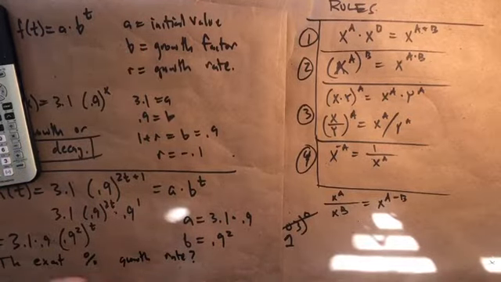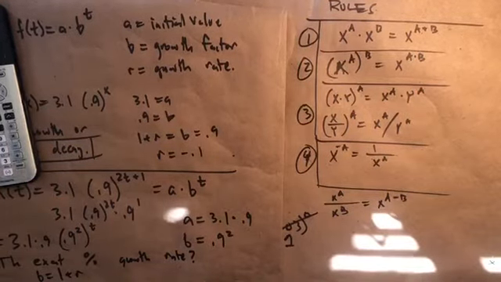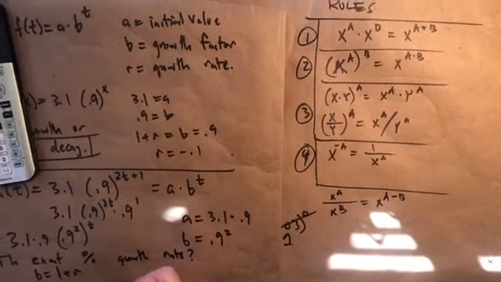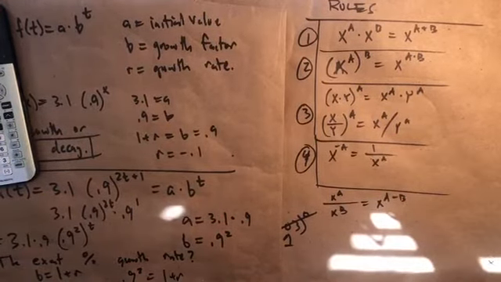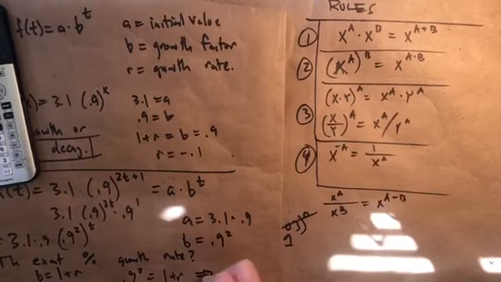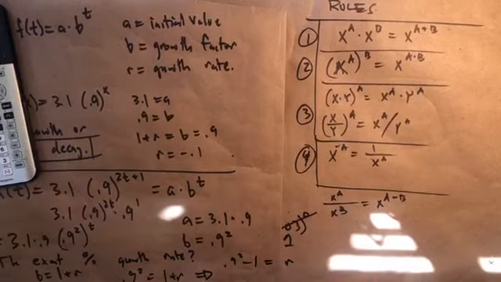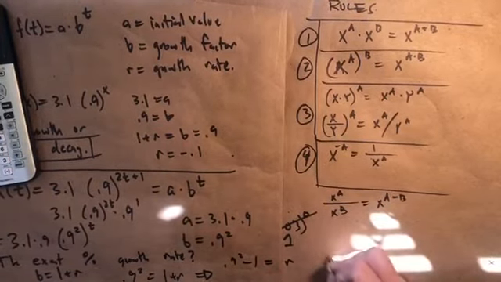And so we know that B is equal to 1 plus R. And we have that 0.9 squared, which is awesome. 0.9 squared is equal to 1 plus R. And so we'll have 0.9 squared minus 1 is equal to R. Unfortunately, this value right here is not written as a percentage. And so we'll multiply by 100.